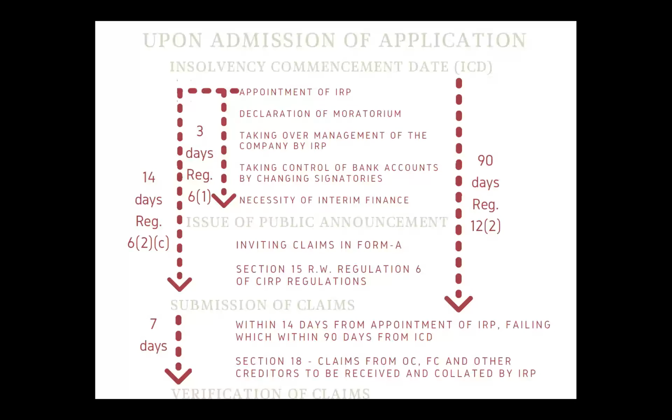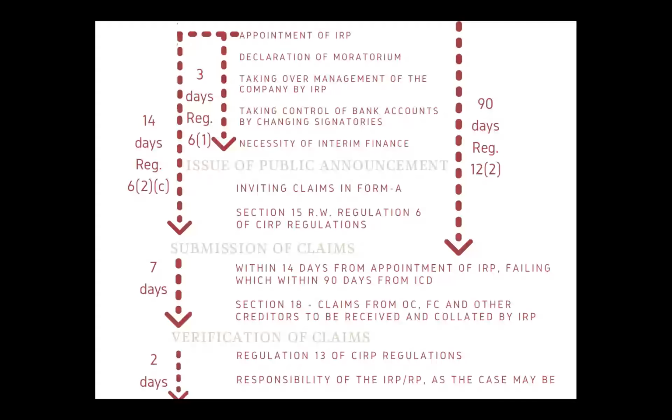And if you keenly look into the timeline, from the date of appointment of IRP, within 14 days, the submission of claims has to be made. So even though you make a public announcement within 3 days, I do not count from that day for the submission, but the submission of claims will be counted from the date of the appointment of IRP.